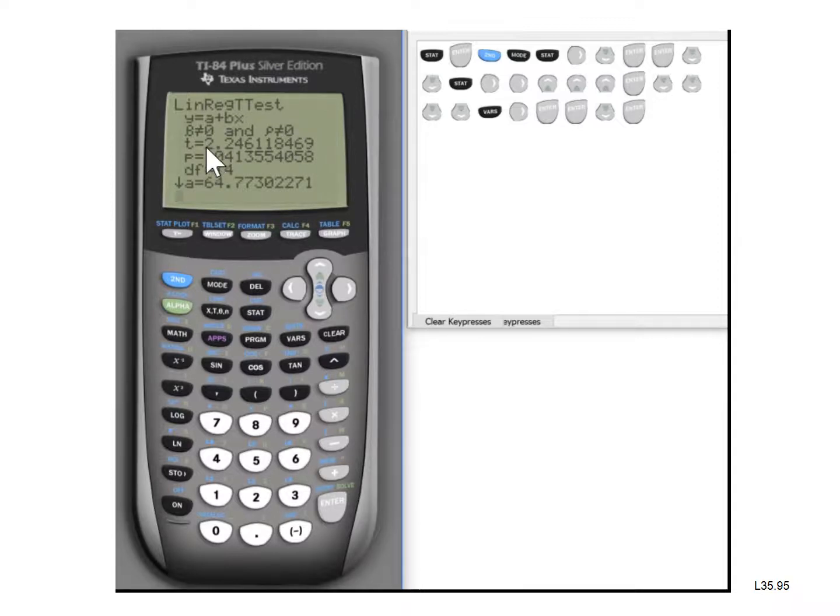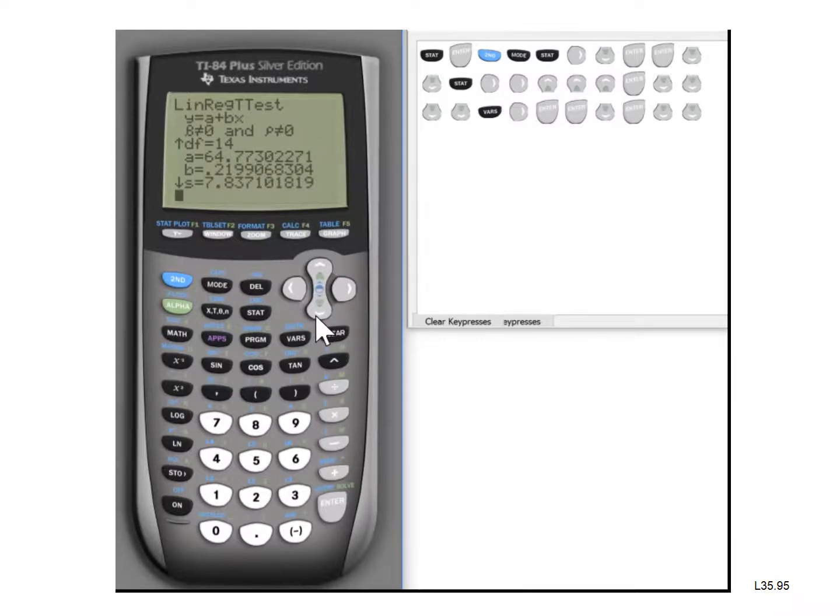But we get a t-value of 2.246, that's just what we saw with Excel, and a p-value of 0.041355, that's also exactly what we saw with Excel. So we would interpret it in exactly the same way. If you scroll down, you see a, that's the intercept, is 64.773, and b is 0.2199, that gives us the equation of the regression line.